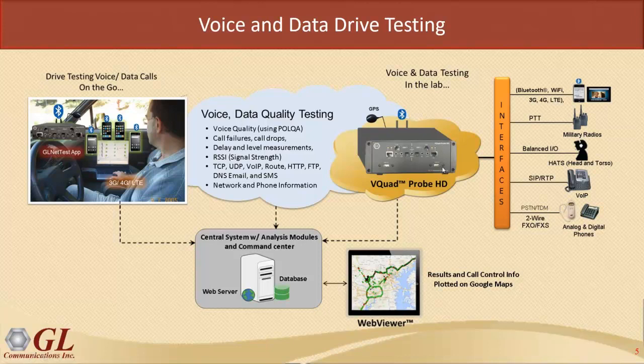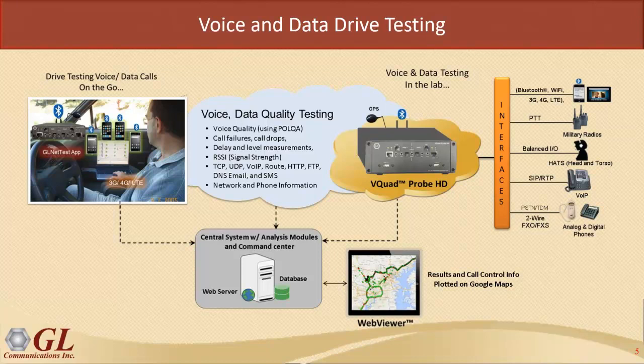The one thing I will say about the existing product, VQuad Probe, Dual Utah VQuad, is that we consider this a semi-portable solution. You can see it in the picture here. It's an 8-inch by 8-inch box, a little bit heavy at 4 or 5 pounds.